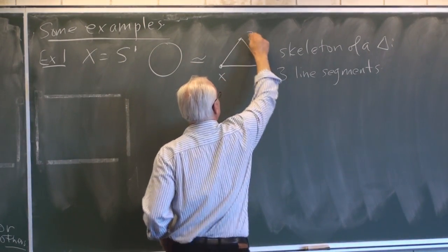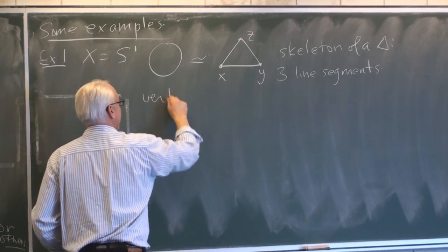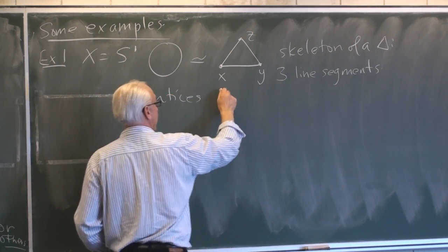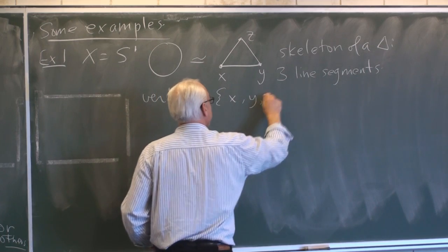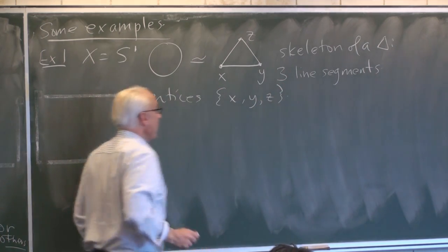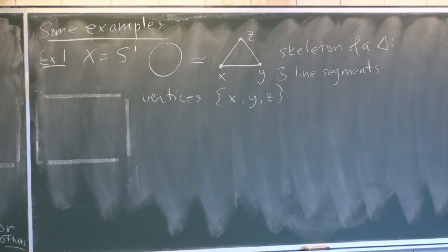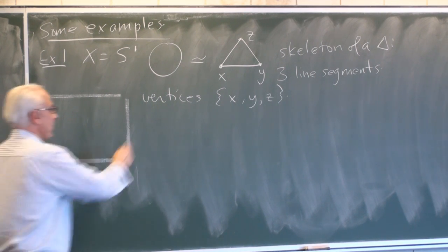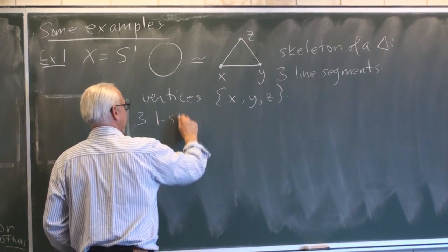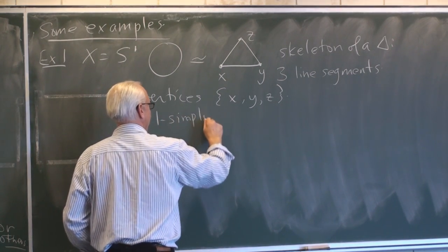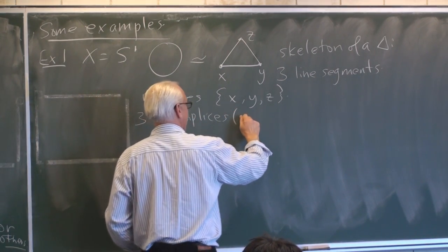Let's call, first of all, the vertices x, y, and z. And then the simplices that we're going to be using are just 1-simplices. So we have 3 1-simplices, which are just line segments.